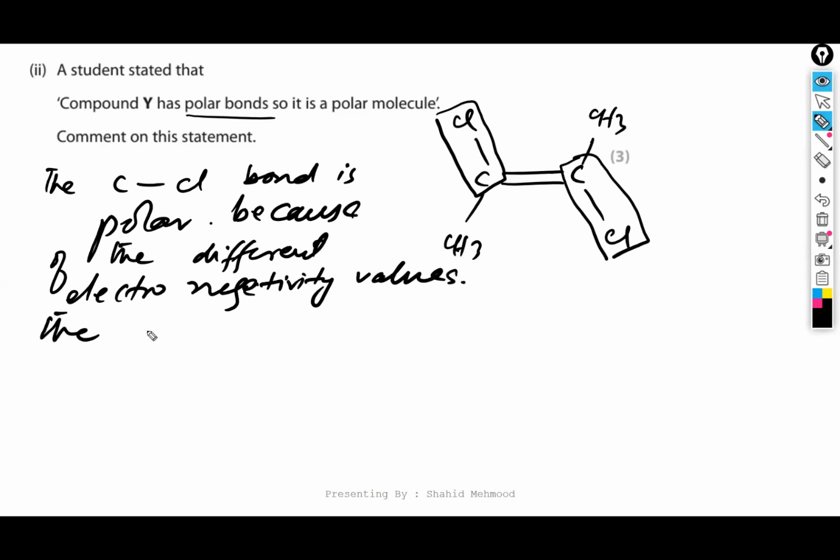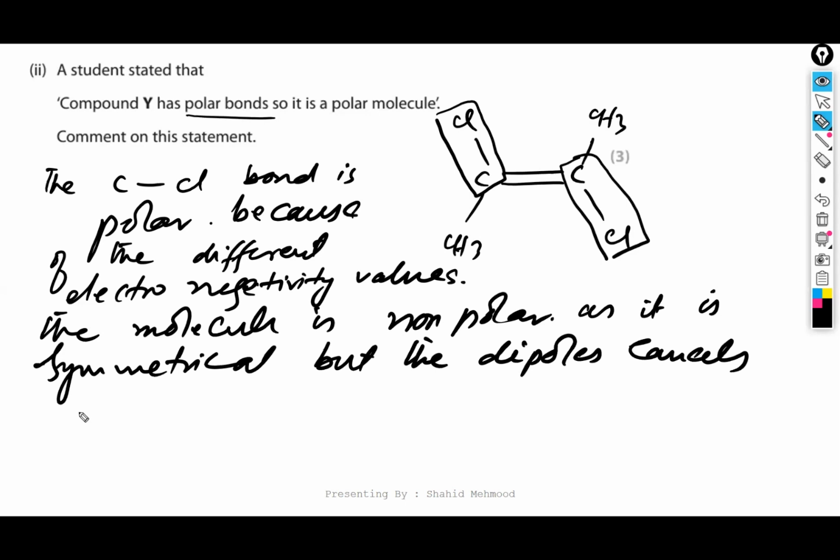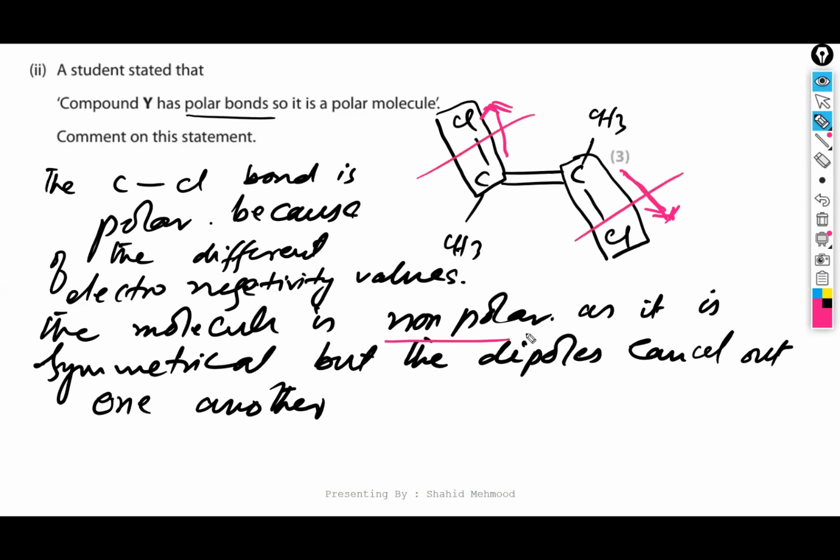And secondly, the molecule is non-polar, as it is symmetrical, but the dipoles cancel out one another. You see here that this chlorine is more electronegative, so it attracts electrons to this side and this to this side. So both chlorines attract electrons with equal force, so this side cancels this side, and overall the molecule is non-polar.